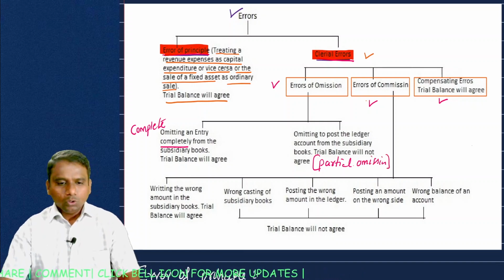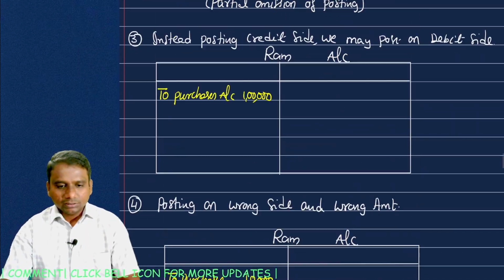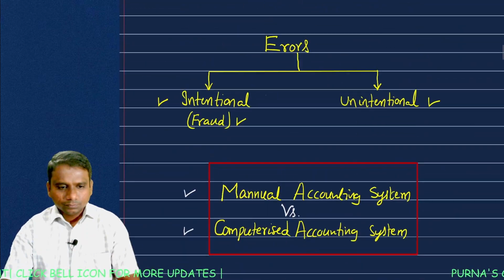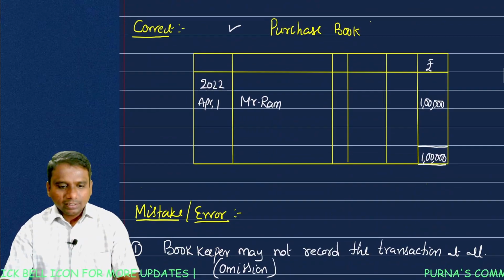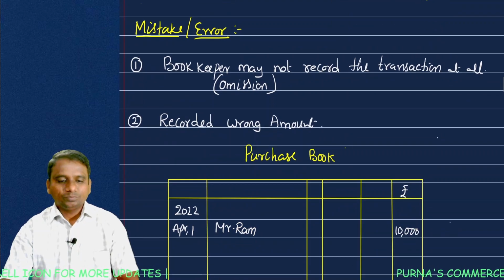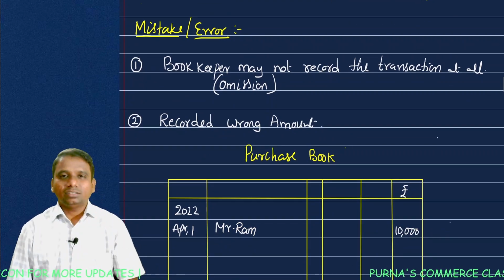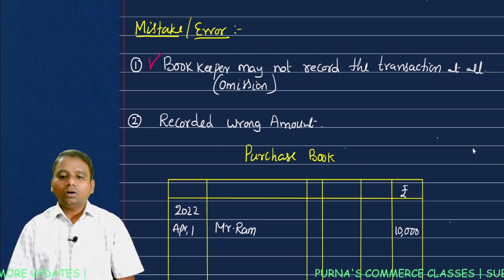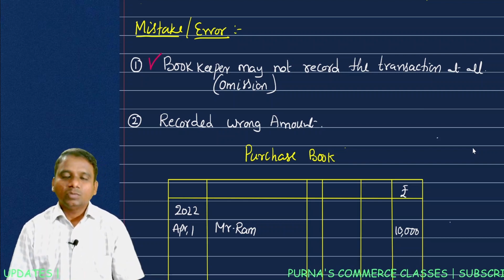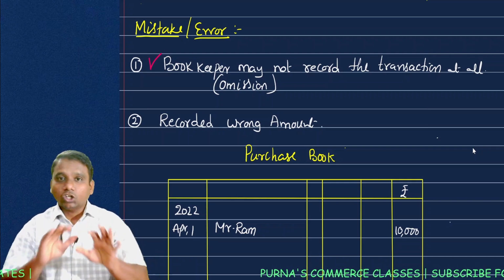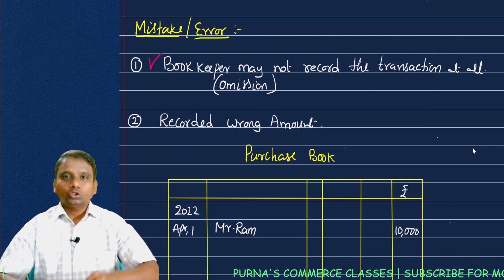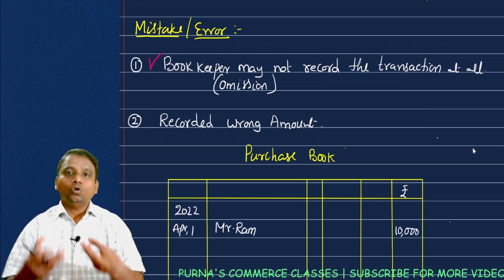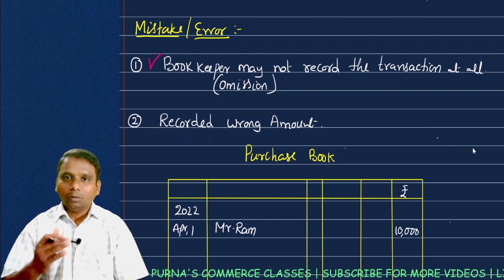If you observe in our previous video, at the time of recording the transaction, the bookkeeper may not record the transaction at all. If the transaction is not recorded in the books of accounts at all, this is called complete omission of the transaction.